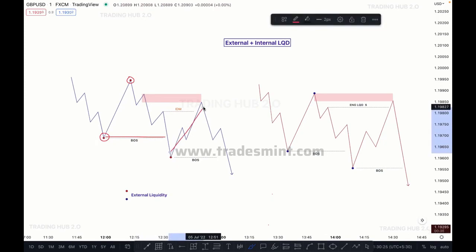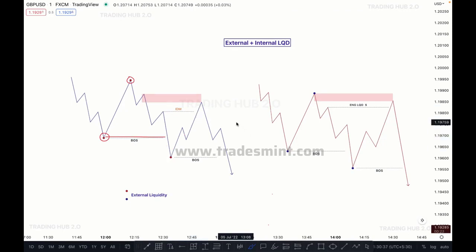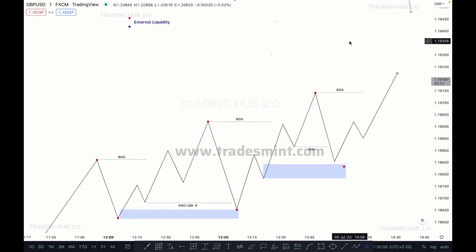External liquidity you can understand like this: major structure highs or lows are external liquidity. Every major high and low is external liquidity. The same thing applies here because both charts are similar, and the same thing works in a bullish market. Let me show you. This is a bullish market. As you can see here, after taking the high, the market takes a pullback before continuing upside.